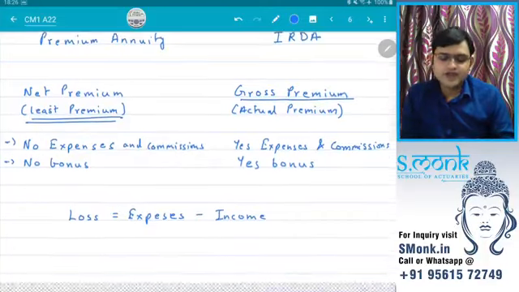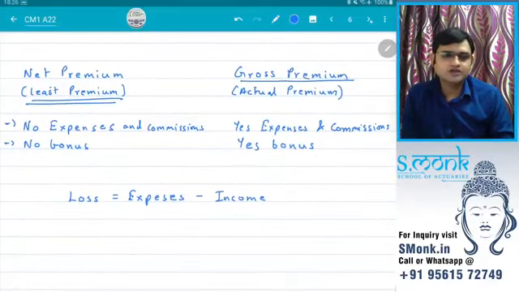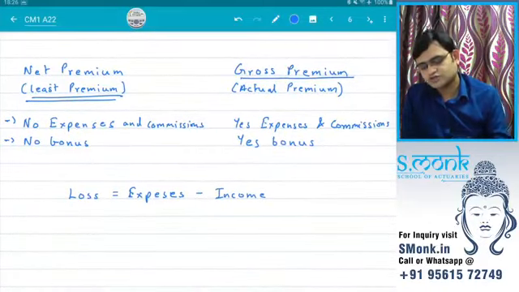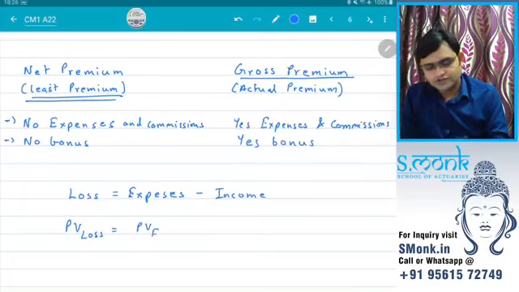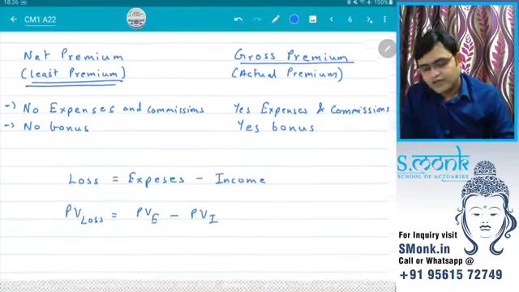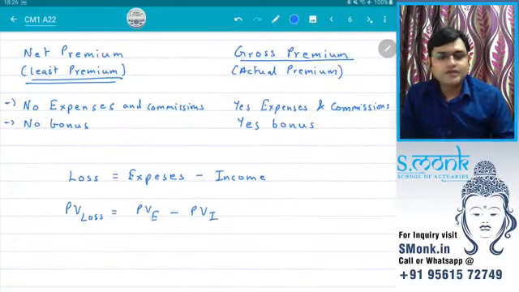Whatever expenses I had, that must have been more than the income. That gives me nothing but loss. So I can say present value of loss must be nothing but present value of expenses minus present value of income. In this case, what are my expenses?